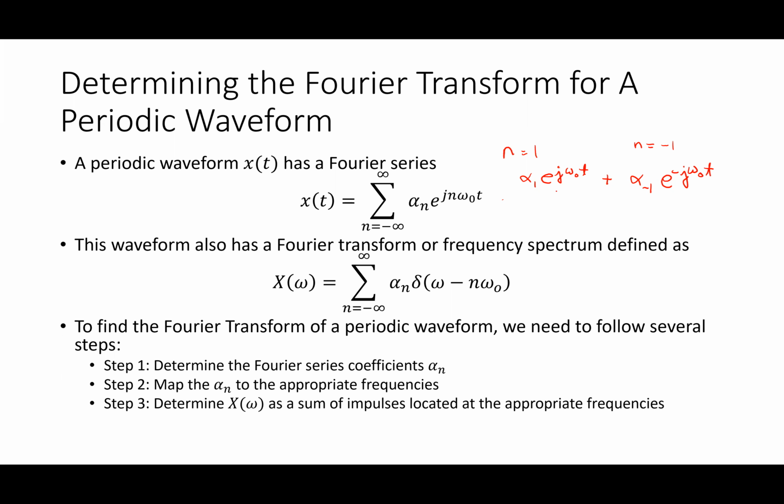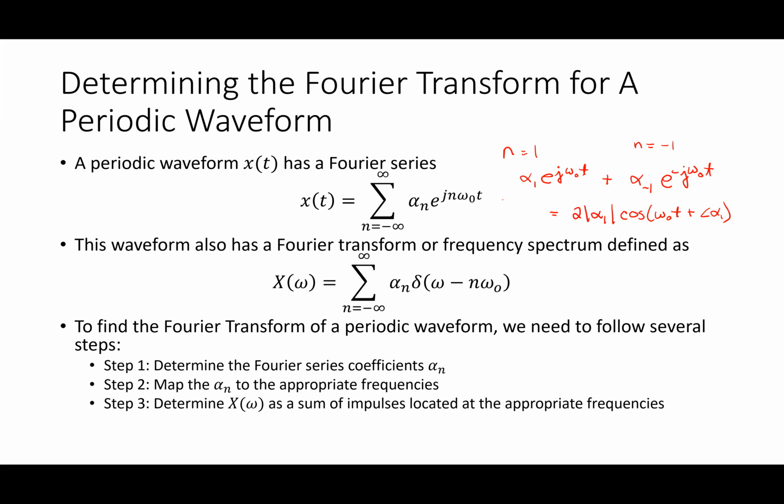And what we've said before is using Euler's identity, I can always turn this into 2 magnitude alpha 1 cosine omega naught t plus whatever the angle of alpha 1 is.